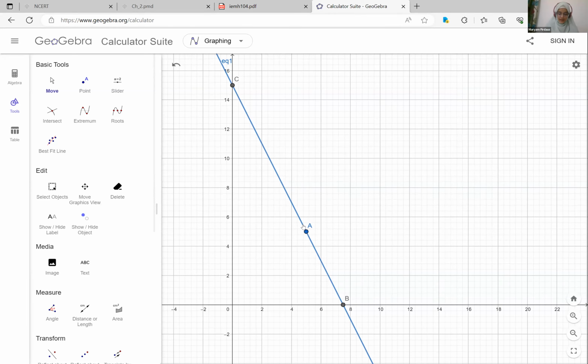So please write it. All the solutions will lie on the graph of the equation.